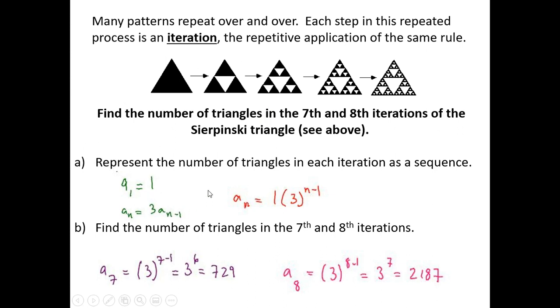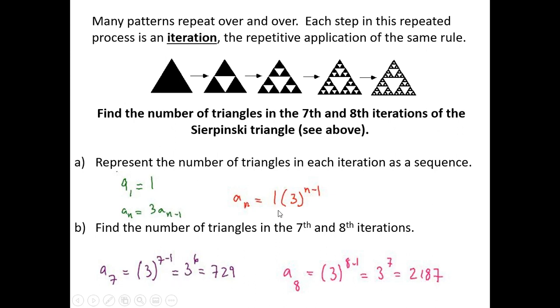It looks like a sub 1 is equal to 1, and then each one after that is going to be 3 times the previous one. So a sub n is going to be 3 to the n minus 1 power times a sub 1.